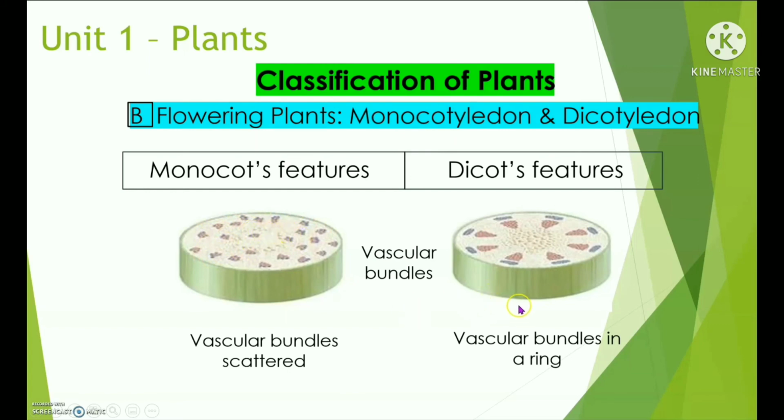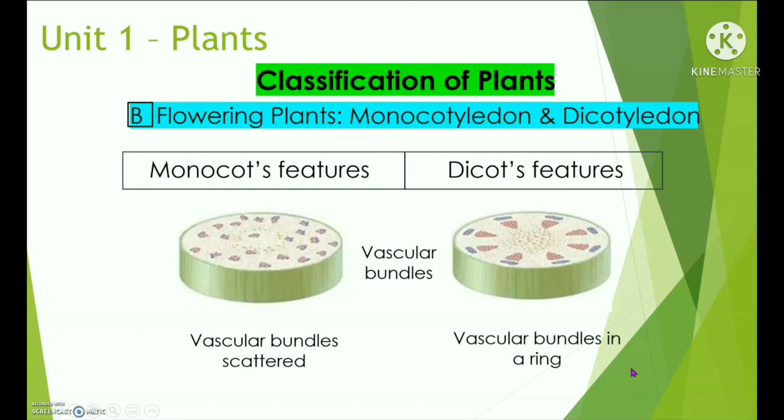And for dicot, you will see vascular bundles in the form of a circle or a ring. So monocot's vascular bundles are scattered, everywhere in the stem, and for dicot, the shape is a circle or ring.